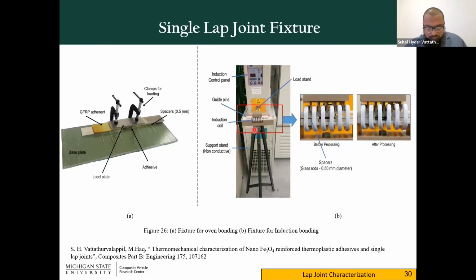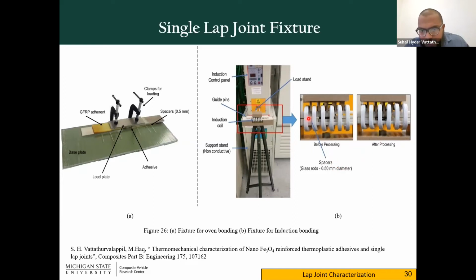So all of them were manufactured with non-conductive materials. You can clearly see that this is before the lap joint processing, and you can see some clearance. After a few seconds of exposure, the clearance was reduced. That means the upper adherend came closer to the lower adherend because the polymer got melted in between.